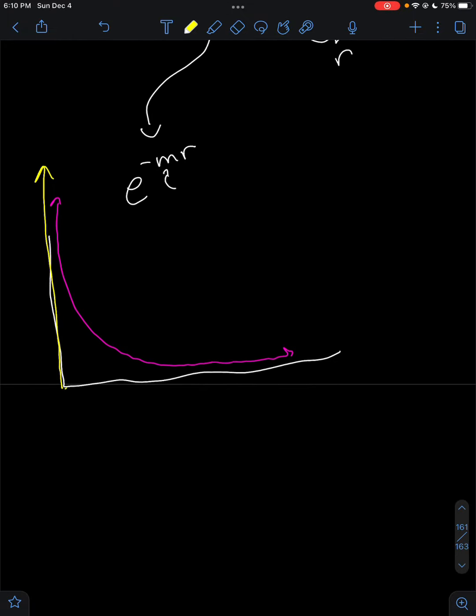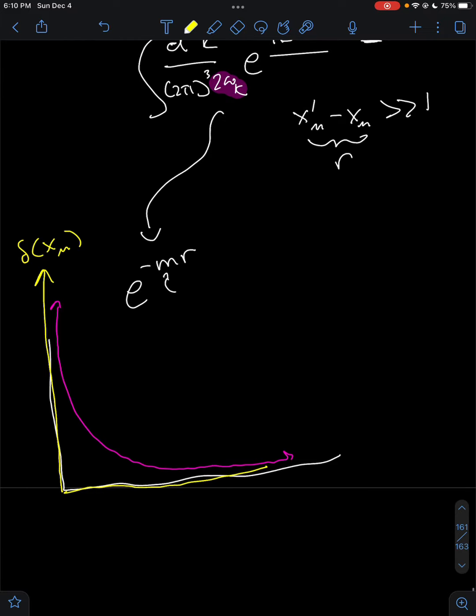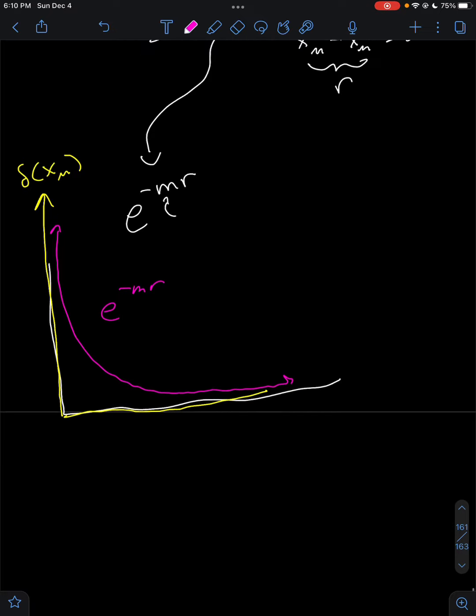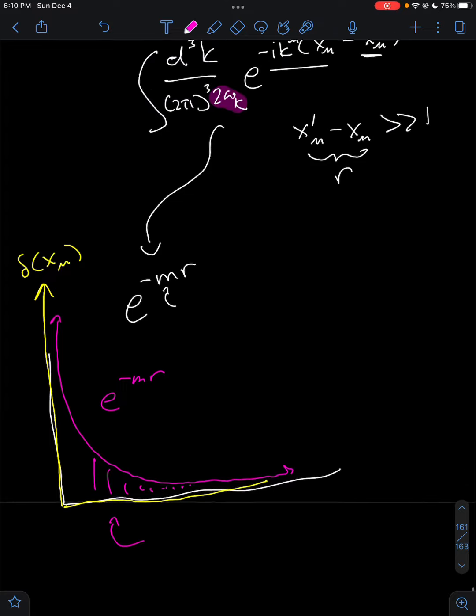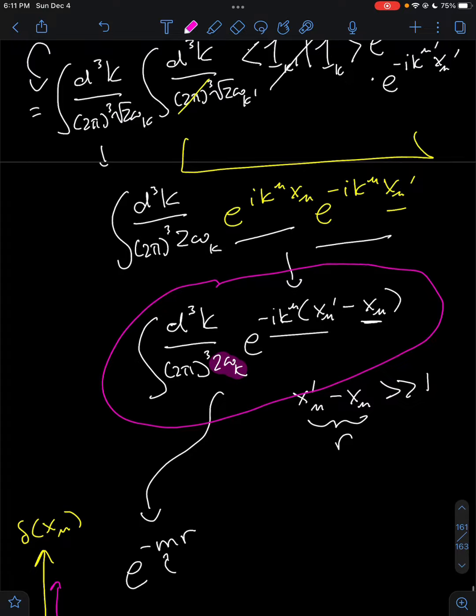So our delta function is what's in the yellow. That's delta of x, or I should really write delta of x mu. And what's in the pink is what our expression is actually equal to. So it approaches that delta function for small distances, right? But for large distances, we still have a non-zero amplitude. Whereas for the delta function, we have precisely 0 amplitude. So this tells us that this expression isn't actually a delta function.